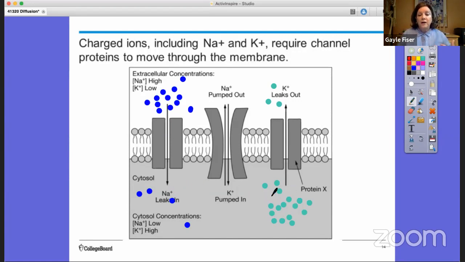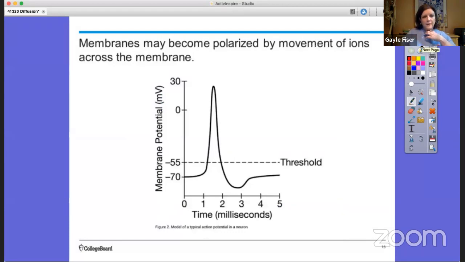Now, there's a higher concentration of potassium on the inside, and it's going to leak from high to low concentration as well, and it also is going to need this channel to do so. Now, once you get the ions on the wrong side of the membrane, when too much sodium is over here and too much potassium is out here, then you're going to need your sodium-potassium pump to move the sodium back out and the potassium back in. So I'll take that a little bit further on our next image.